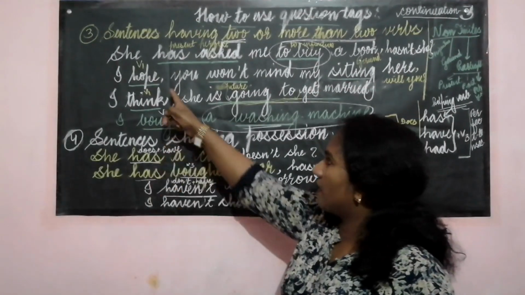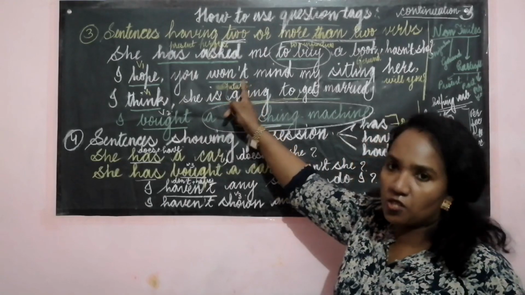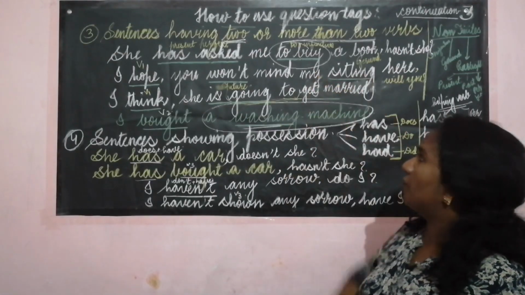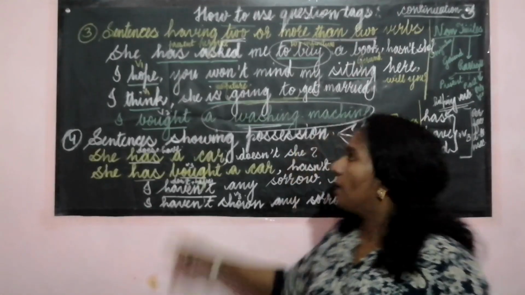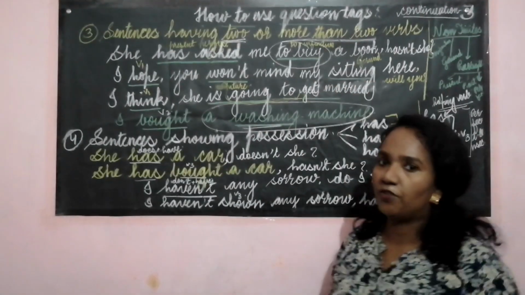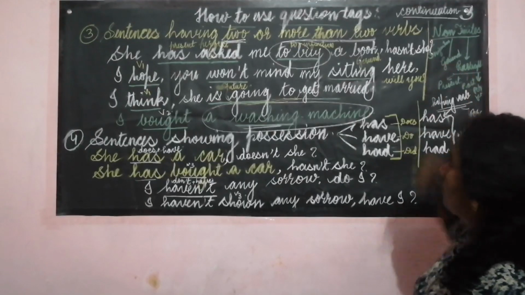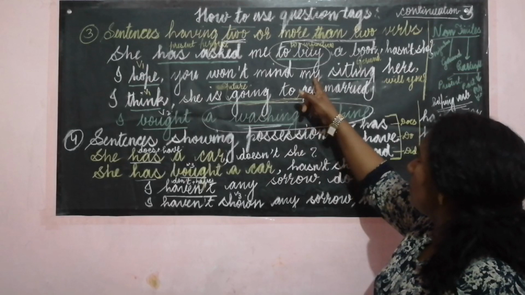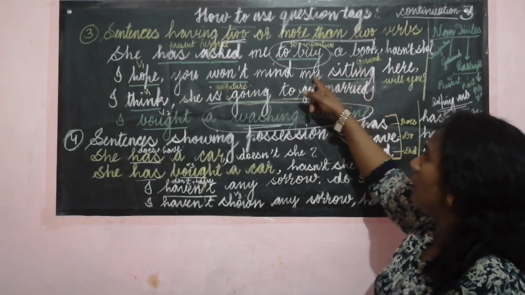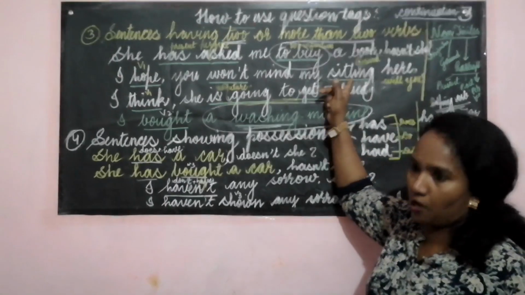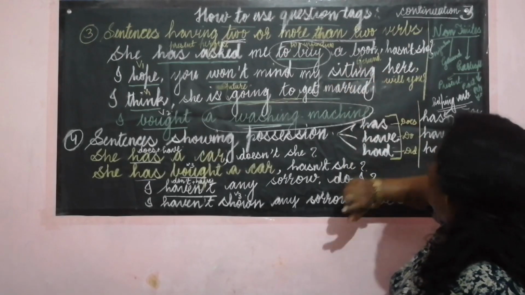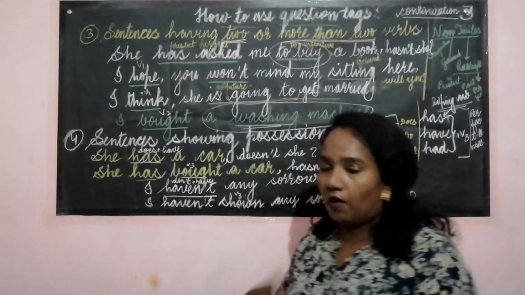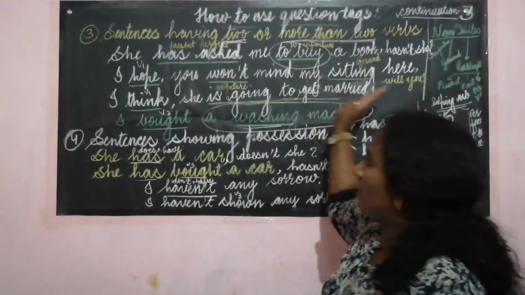I hope is one verb, won't is will plus not, and my plus sitting: possessive adjective plus the ing form of the verb, which is a gerund, a verb that does the work of a noun. So it is a gerund. Here we must leave I hope, because whatever I hope doesn't matter in this sentence.